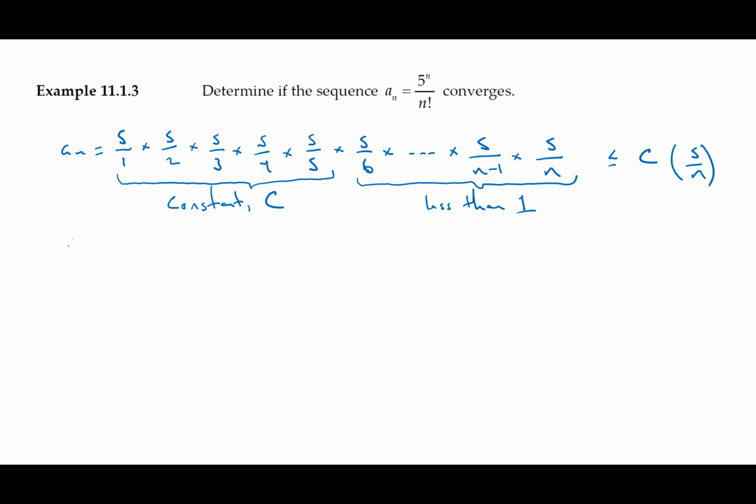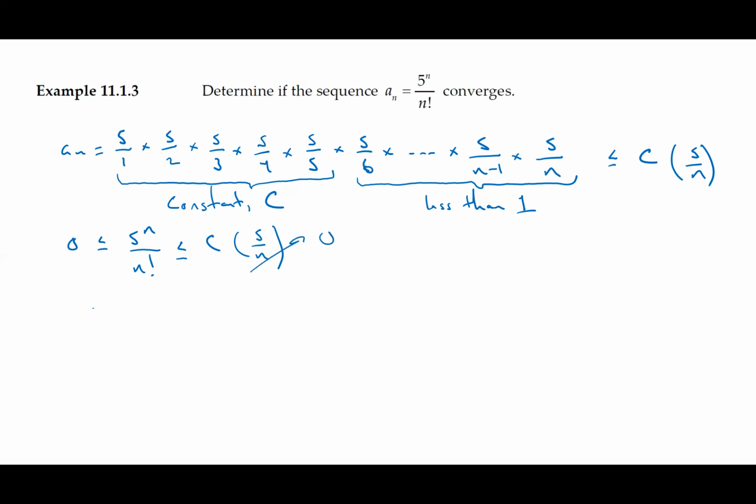Now, look what we have. Well, 5 over n, that goes to 0.